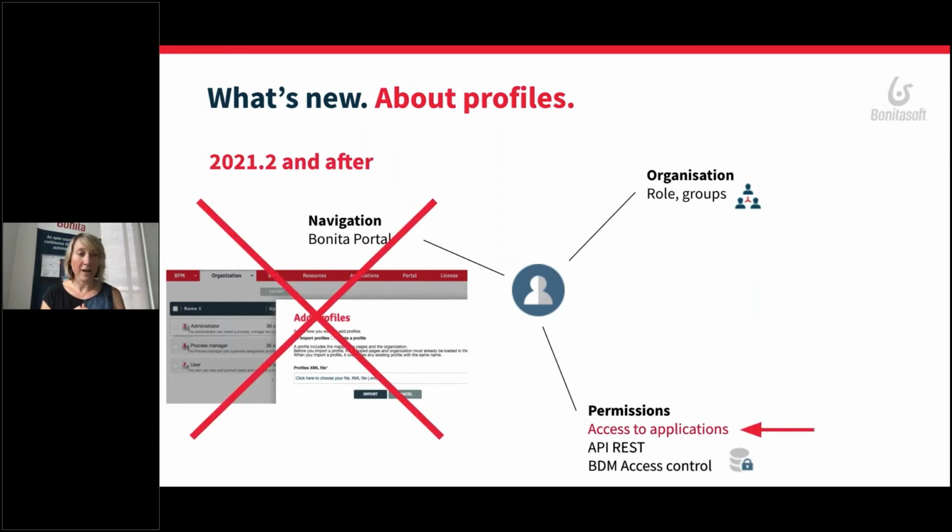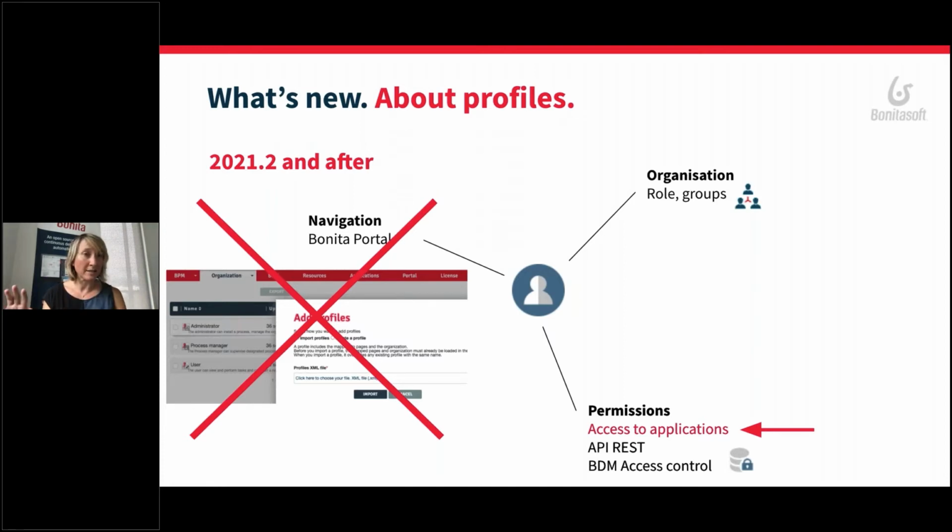You won't have anymore the navigation into Bonita Portal because you don't have Bonita Portal anymore. But it will be accessible through applications. So your profile will remain linked and mapped to the organization, and it will be mapped to the access of the applications. So for example, if we take the role of the process manager, the navigation of the process manager is removed.